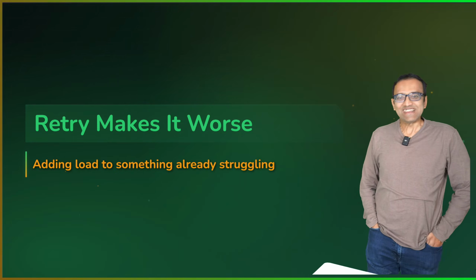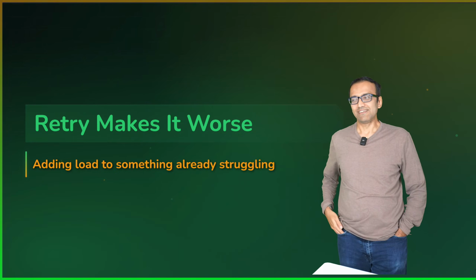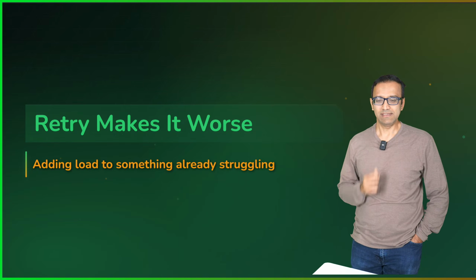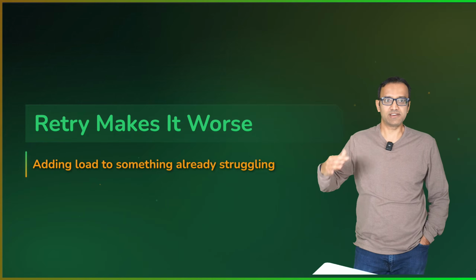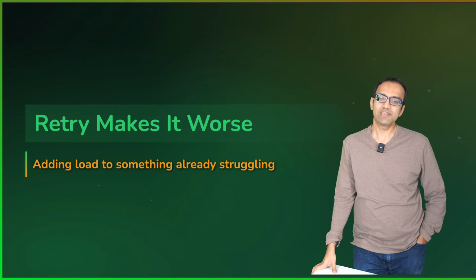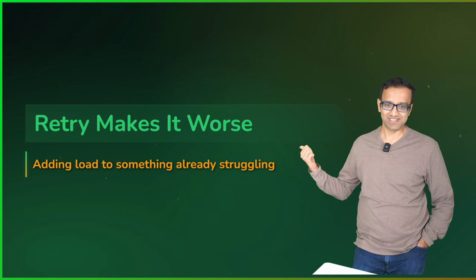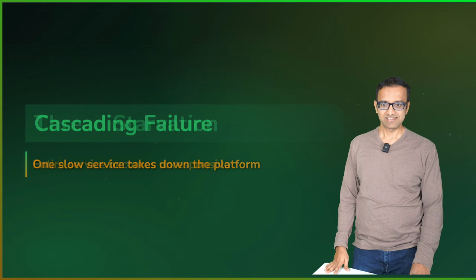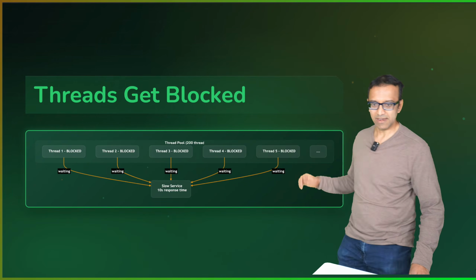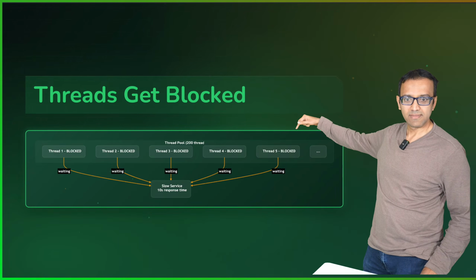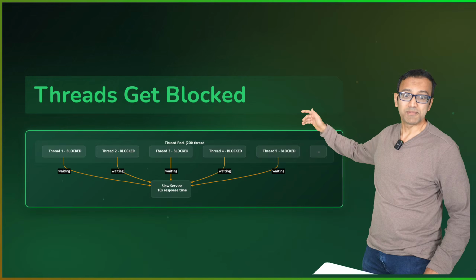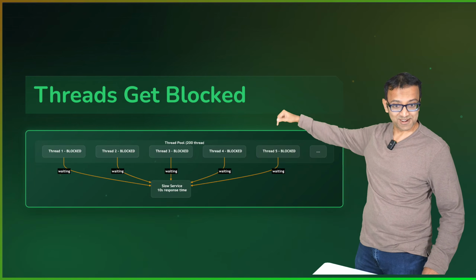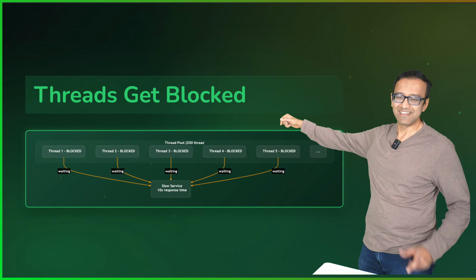Now, what about retries? I talked about retries. When an issue is intermittent, you do a retry. It's obvious. You have a network issue, try again. Now, guess what happens when you do a retry with this kind of an issue? You tried something. This thread is sitting here. It's slow. So you go, okay, I'm going to try again. Another request comes in. That also sits here. You wait for some time.